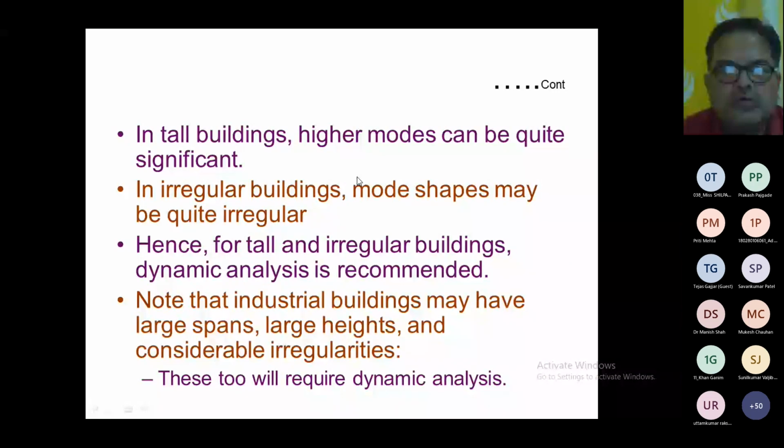What is the frequency? It's the square root of k by m. Now a high-rise building has a very low frequency, right? Very low frequency. These are things that I think come with experience.